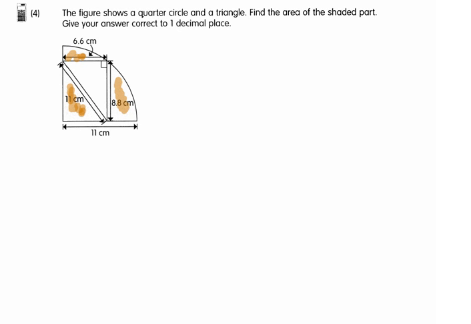You have to find the area of the shaded part. Very simple, just use the quadrant, subtract the triangle. But how do we find the area of the quadrant, Leroy?